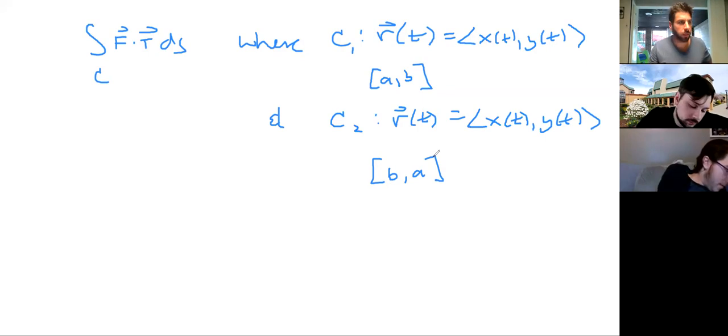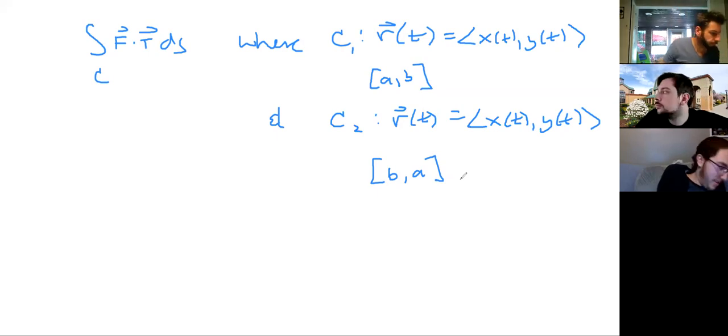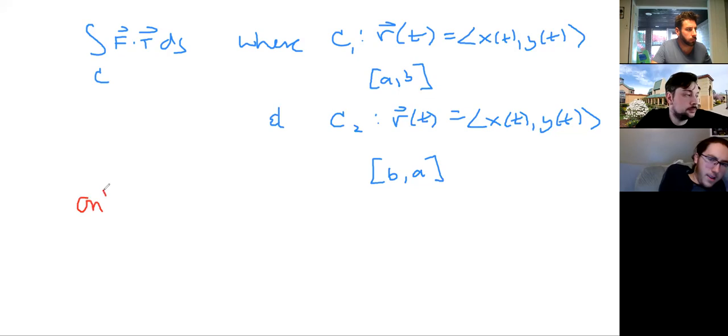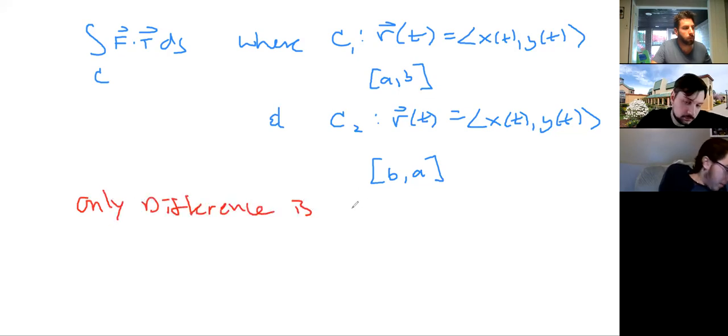So here's a good example. The only difference is the direction traveled.